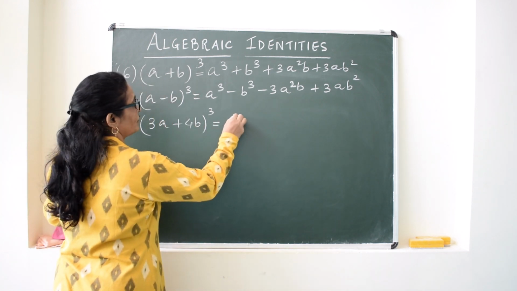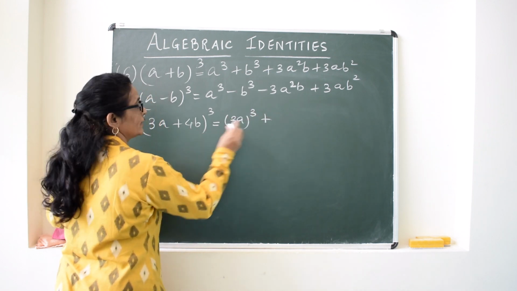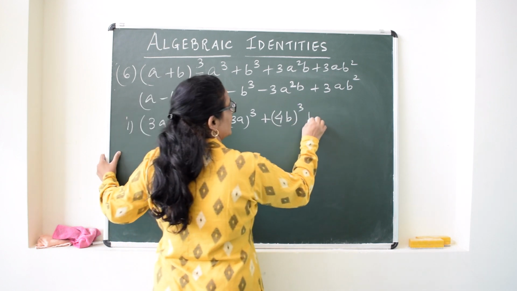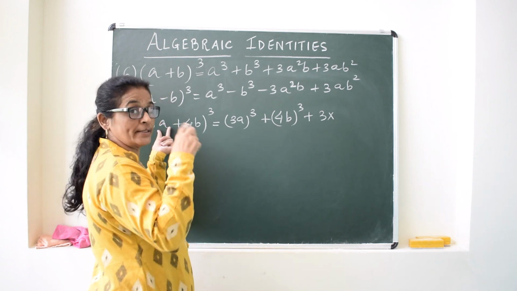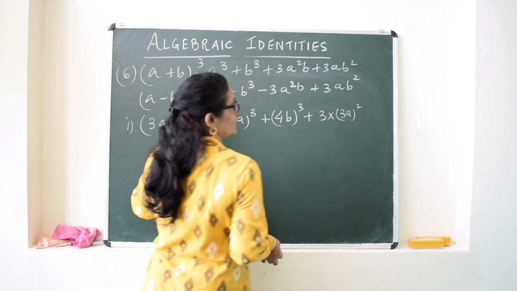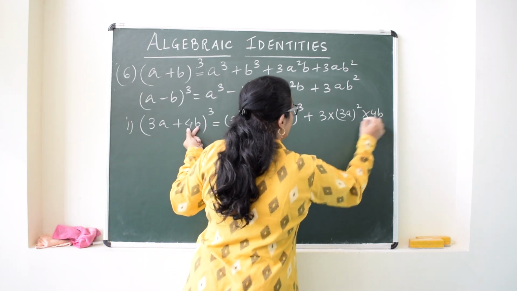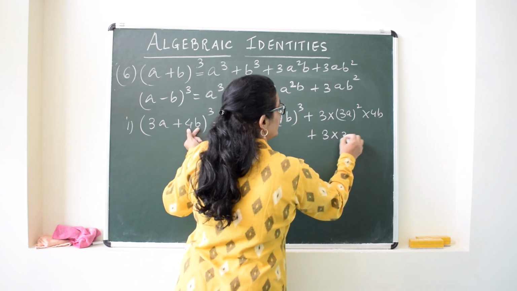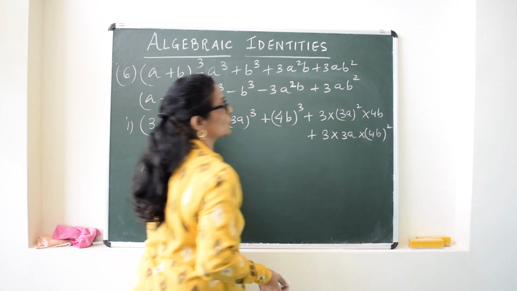This will be (3a) the whole cube, plus the second quantity (4b) the whole cube, plus 3 into a square, meaning the first quantity squared, so that is (3a) the whole square into b, meaning the second quantity. And the last term will be 3 into the first quantity, that is 3a, and the second quantity squared.